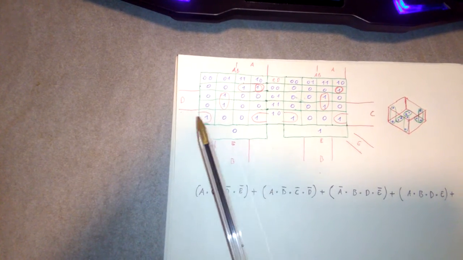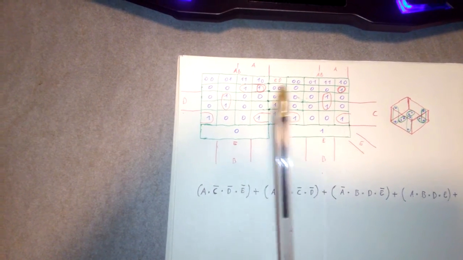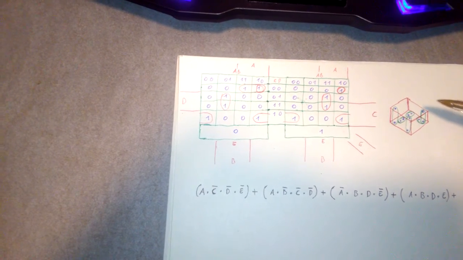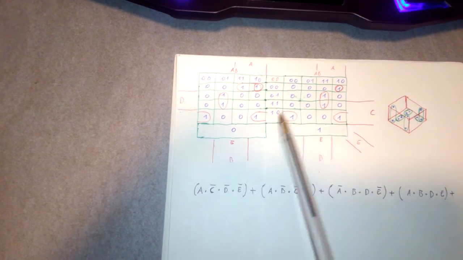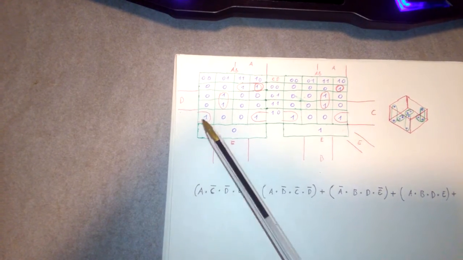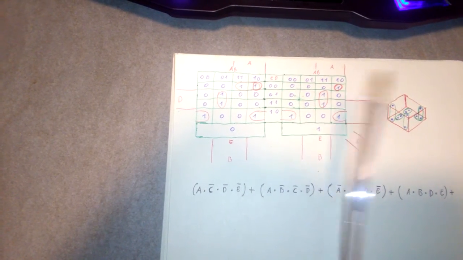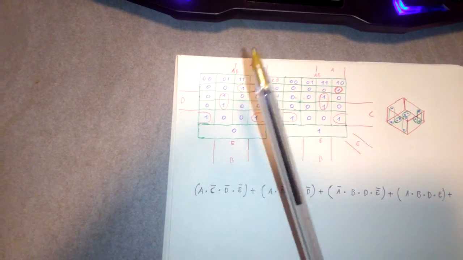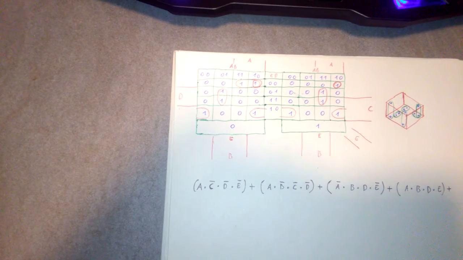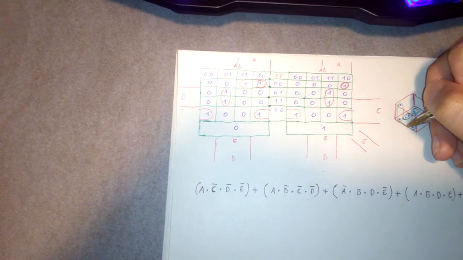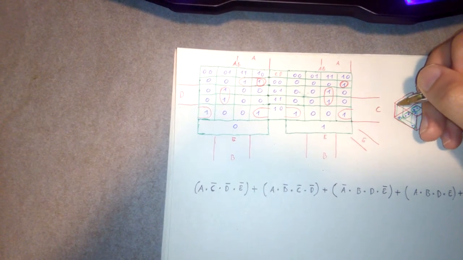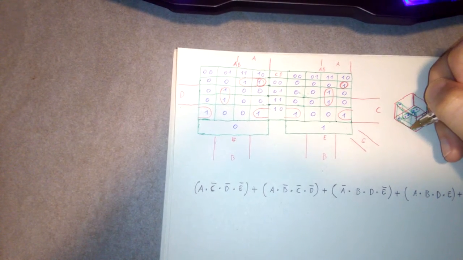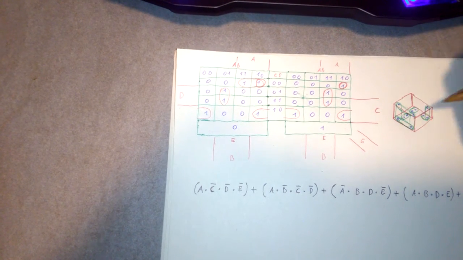Now we're going to deal with the last group, the group of 4 made by 1, 1, 1, 1. So essentially those, and those are actually here, and I should have made this a bit more clear, because otherwise it looks as if they were a group of 2 instead of a group of 4.